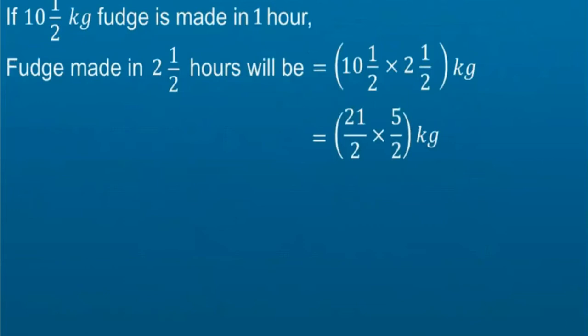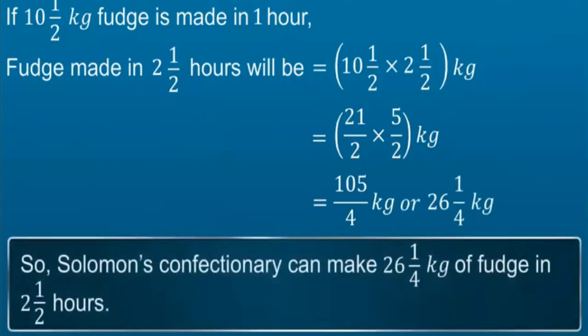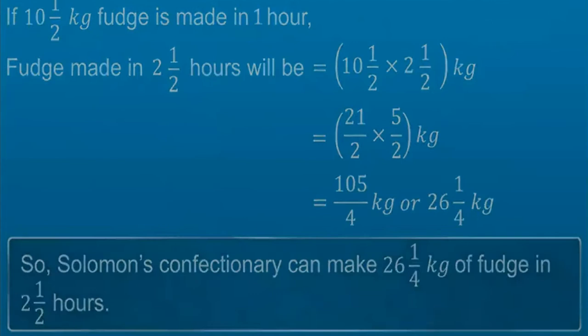To multiply 2 fractions, we simply multiply their numerators and the denominators respectively. We get 105 upon 4 kilograms as the answer. As a mixed fraction, 105 upon 4 can also be written as 26 1/4 kilograms. So Solomon's confectionery can make 26 1/4 kilograms of fudge in 2.5 hours.